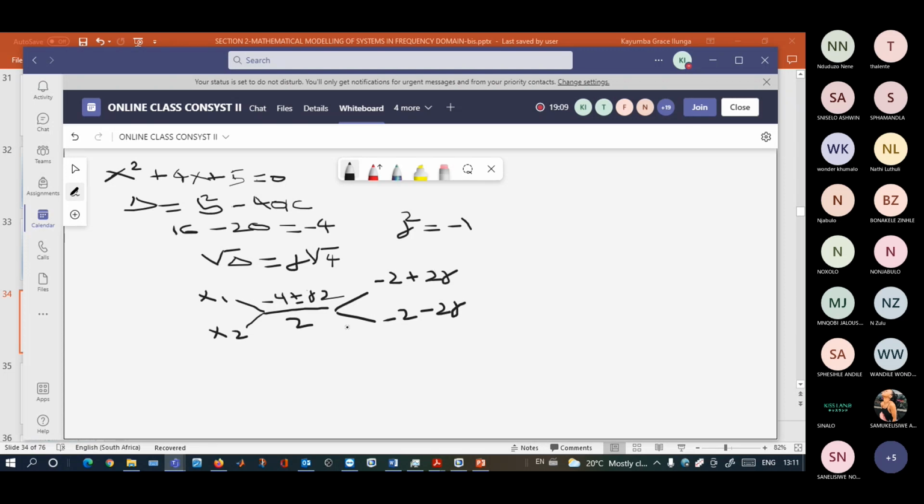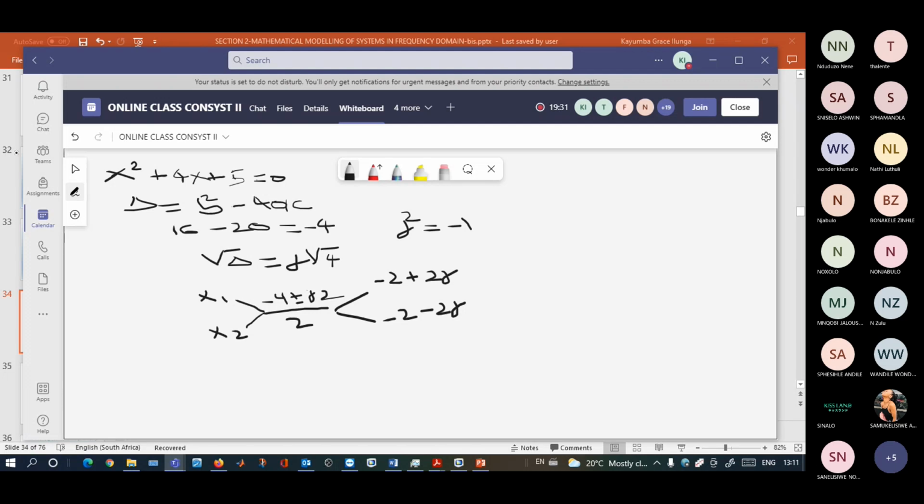Okay, guys, so we are together. You can see that now we have two complex numbers. This is the case we are going to see, how we can solve a problem where we have complex numbers.